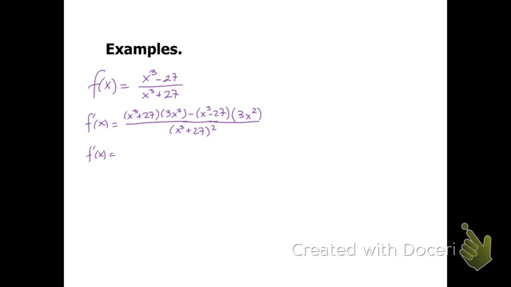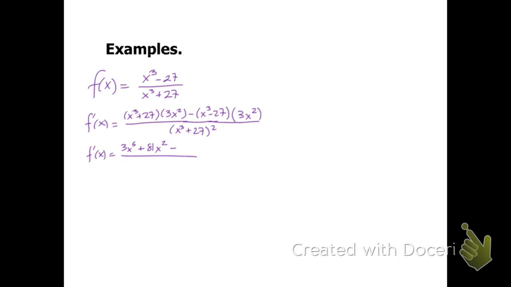I'm now just going to simplify my answer. So I start multiplying the first two factors in the numerator. It's going to be 3x to the 5th plus, what's that number, 81x squared. 27 times 3x squared is 81x squared.